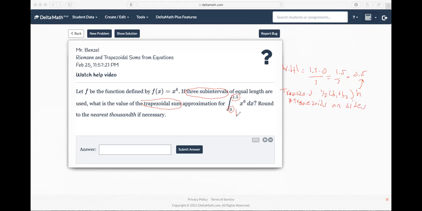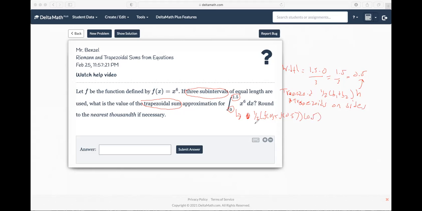And if I'm actually computing this, I'm just going to take one trapezoid at a time. So my first one is 1/2 times f of 0 plus f of 0.5, and the width is going to be 0.5.